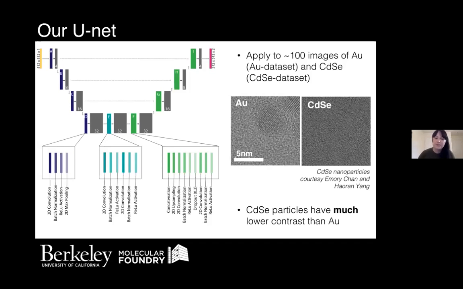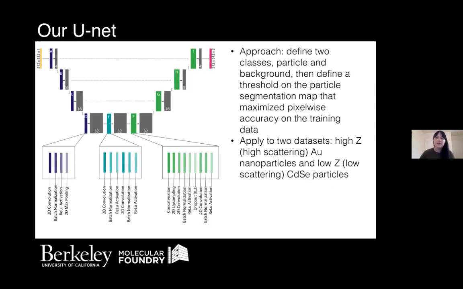The background is fairly uniform in the types of features it contains, and our nanoparticles have varying crystal features and sizes, but other than that, there's not a lot of variation. So we felt this made it valid to lighten up our neural net. We defined our two classes, particle and background. And then our last step is to define a threshold on the particle segmentation map that maximizes the pixel-wise accuracy on the test data.